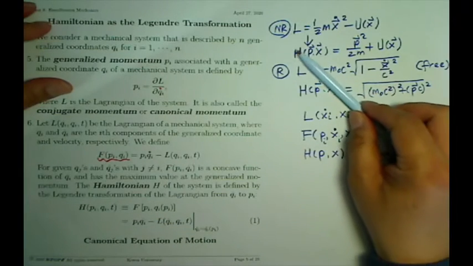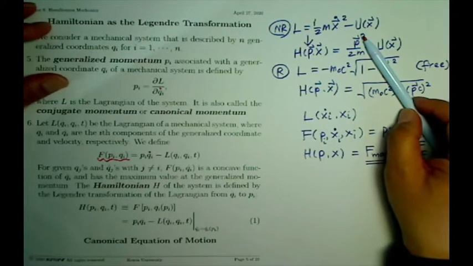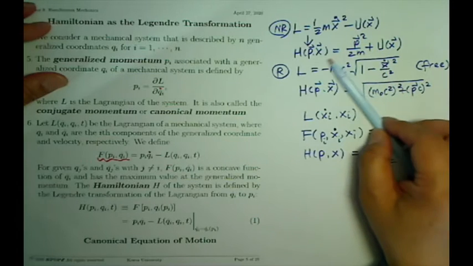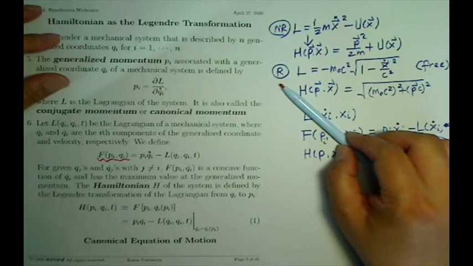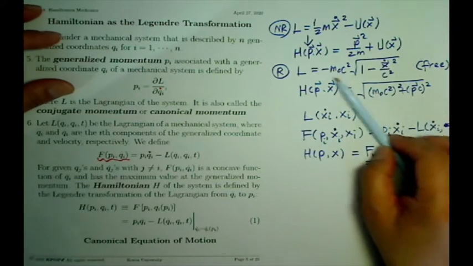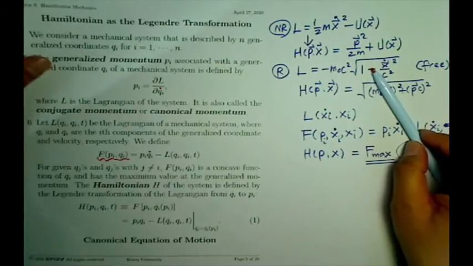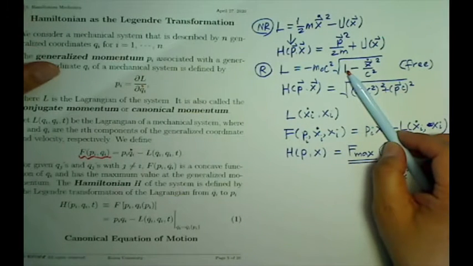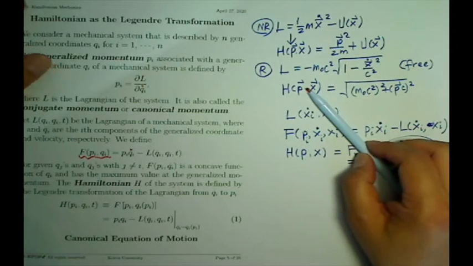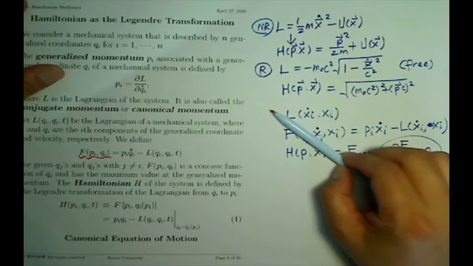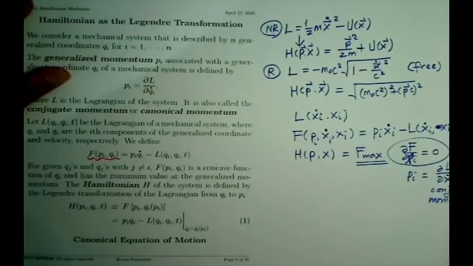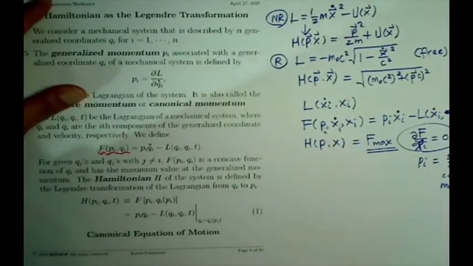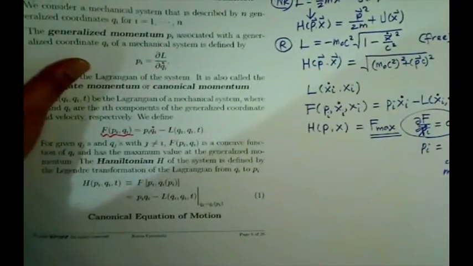What we have done until now was the single particle Lagrangian to Hamiltonian in the non-relativistic case, and the single free particle Lagrangian, carrying out the Legendre transformation to find the Hamiltonian of the system. Okay, let's review what we have done until now.